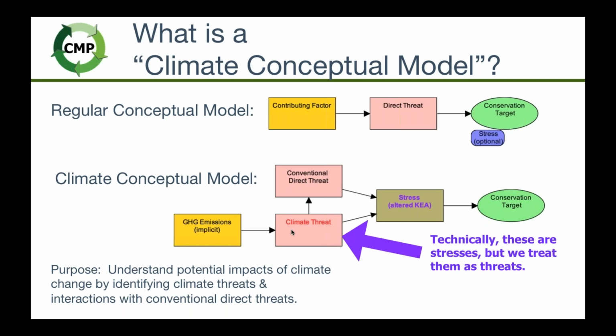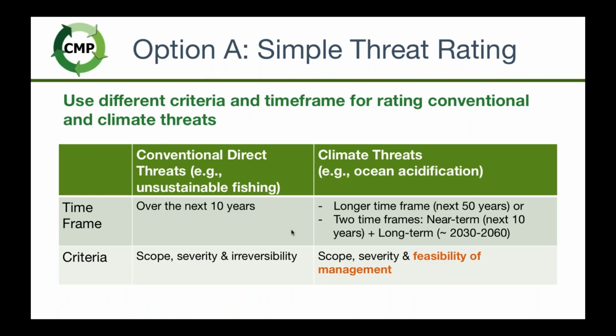And the purpose of the climate conceptual model is to understand the potential impacts of climate change on your conservation targets and how they may interact with your conventional direct threats.